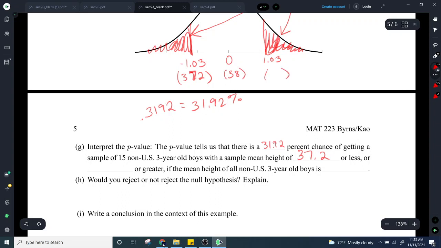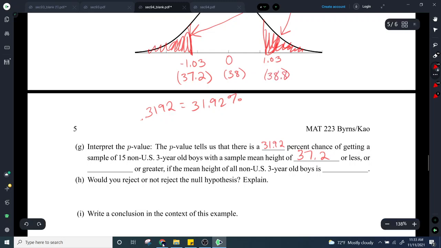What is the difference between 37.2 and 38? It's a difference of 0.8. This sample was 0.8 lower than what we expected, so the difference on this side needs to be the same. So this would be 38.8.